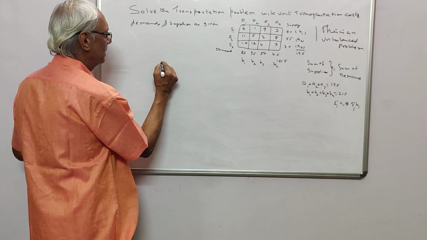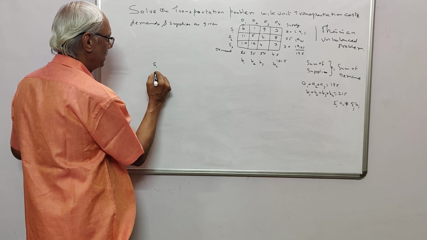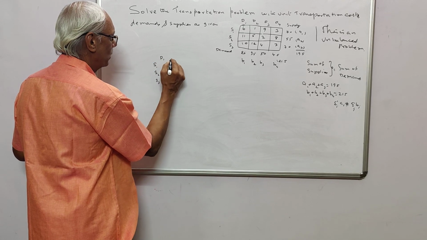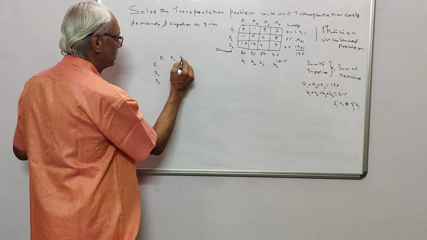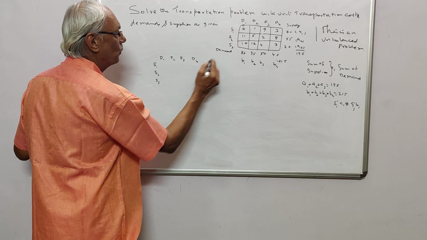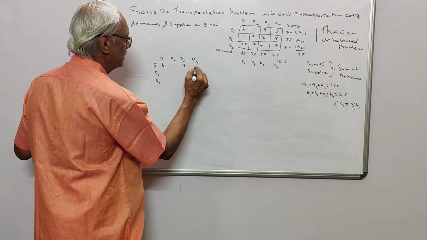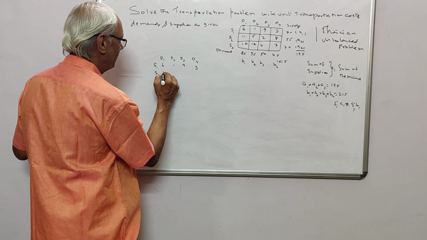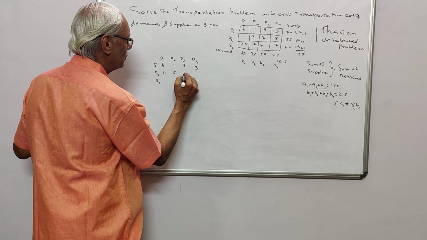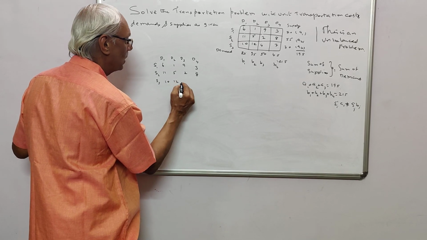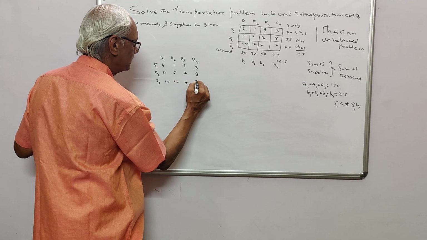So I'll write here S1, S2, S3, and D1, D2, D3, D4. The costs are 6, 1, 9, 3, 11, 5, 2, 8, and 10, 12, 4, 7.